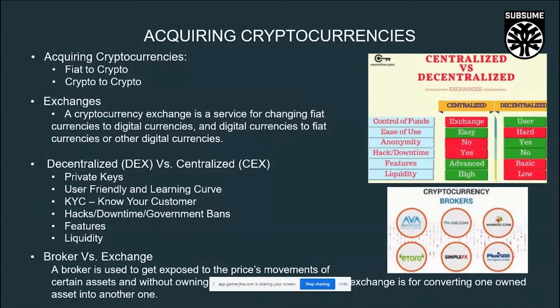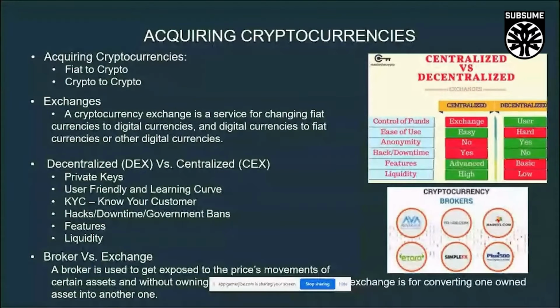With centralized exchanges like a Coinbase or a Gemini, they have custody of your crypto. So if your crypto is not in a wallet, and we'll talk about wallets that you have full control over, where you have your private keys, then you are not utilizing a decentralized wallet, right? You don't have full custody of your crypto.